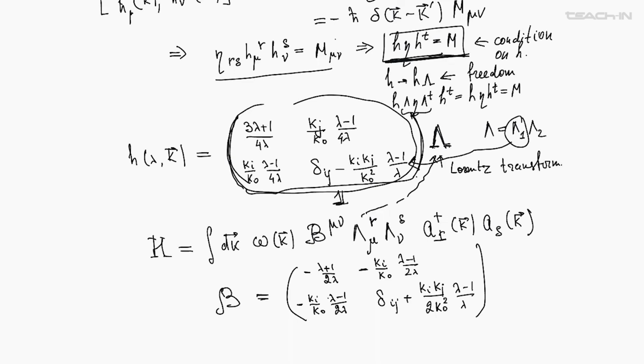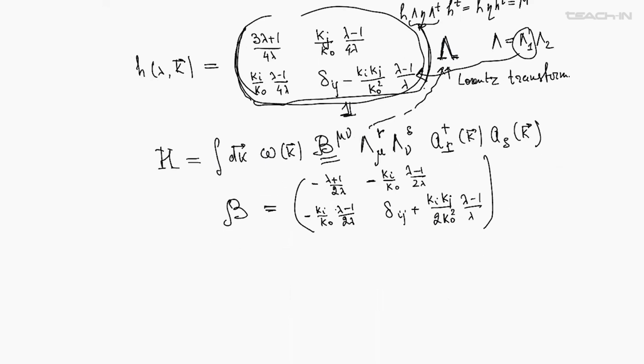You can understand them in two ways here. Either you think that they act on B, so they rotate matrix B by the transformation B goes to lambda transpose B lambda, if you write it in terms of matrix indices. The pairing of these indices mu and nu from the matrix point of view can be interpreted as the action of lambda transpose B lambda.